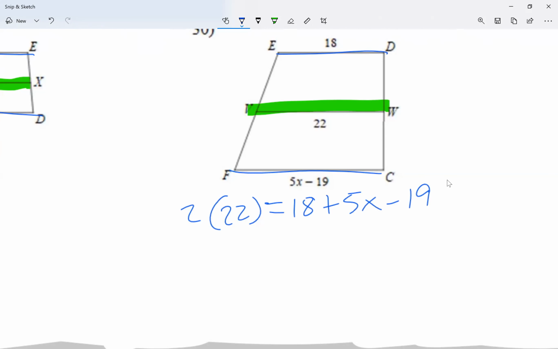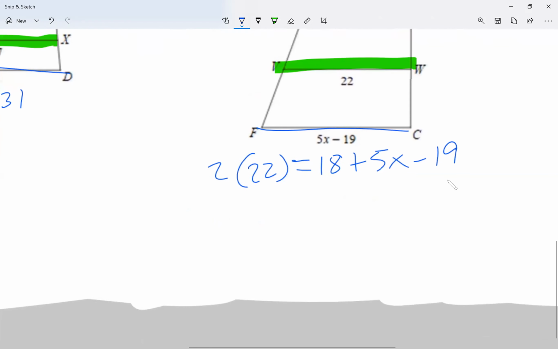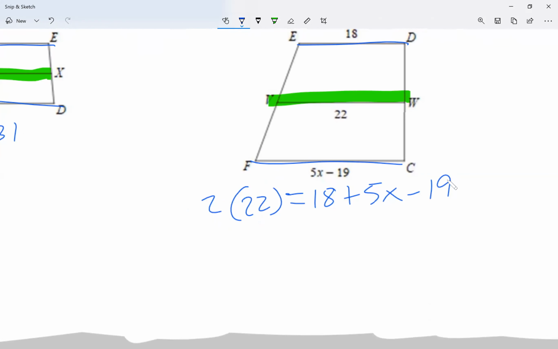I'm going to combine it all. Okay, now it just looks like a simple algebra question. So let's take a look. 2 times 22 is 44. Now here I can probably combine some like terms. When it comes to letters, I just have a positive 5x. When it comes to numbers, 18 minus 19 is a negative 1. Okay, so still want to combine like terms. I see I have letters on the right side.